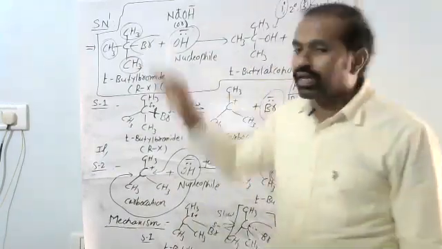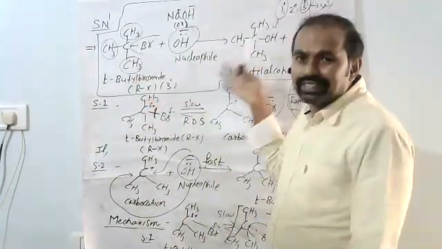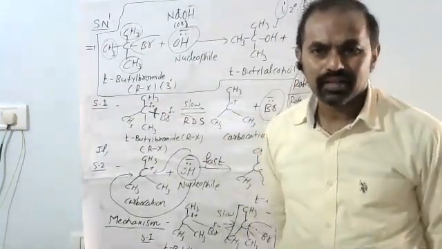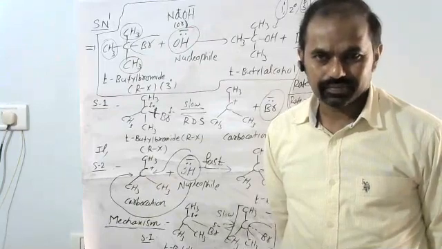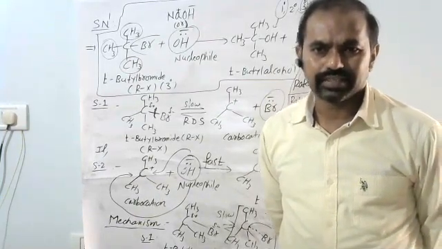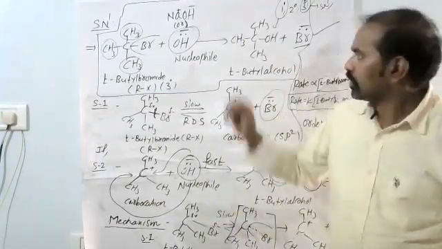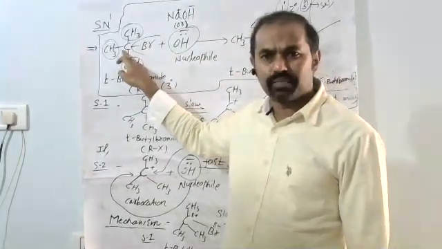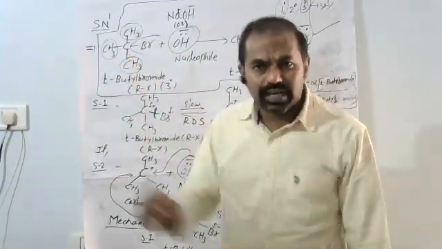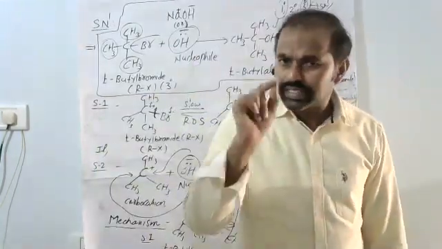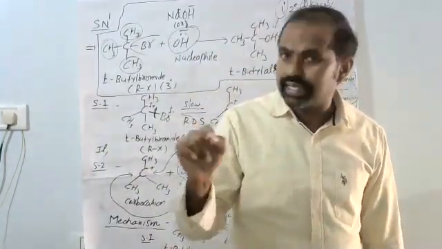But the SN1 reaction does not take place directly in one step. Why? What is the reason? The nucleophile does not attack this carbon directly, because of what is called steric hindrance, steric effect.